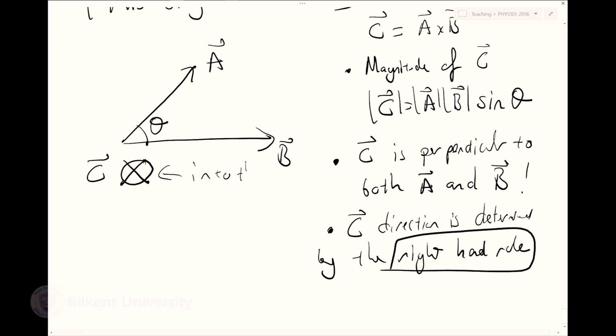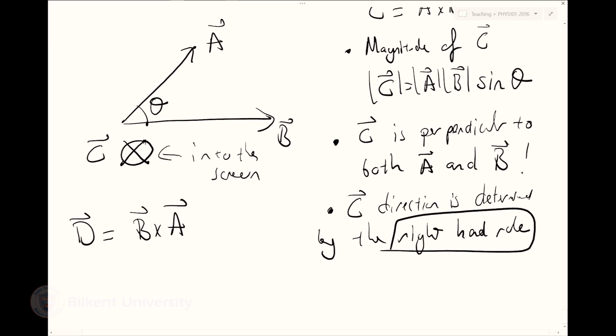So very quickly, let me define D as B cross A. How would I do B cross A? Let's be careful. Now I'm actually pointing my 4 fingers not along A, but along B. I still can orient my palm.